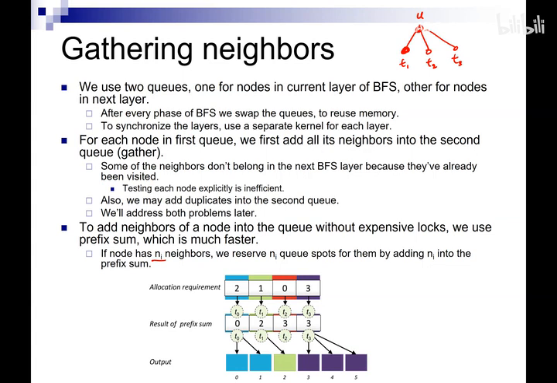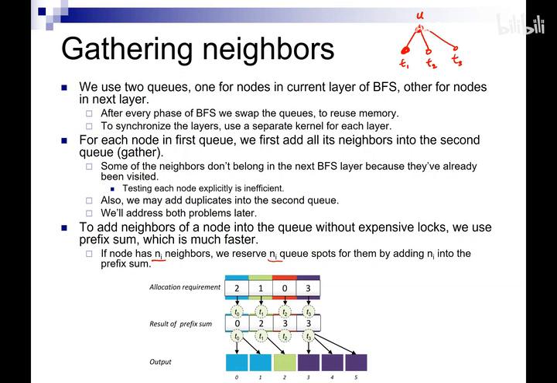Then we're just going to reserve n sub i slots in the queue for this node. As an example, suppose the first node has two neighbors, so it wants to add two things into the queue. The next node has one neighbor, so it wants to add one thing. The third node doesn't have any neighbors, and the fourth node has three neighbors.